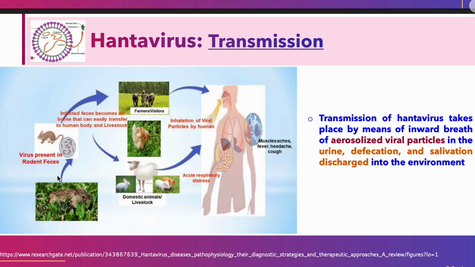Hantavirus can spread by inhaling aerosols of viral particles in the urine, feces or saliva discharged into the environment. It can infect livestock, and farmers can inhale the viral particles.